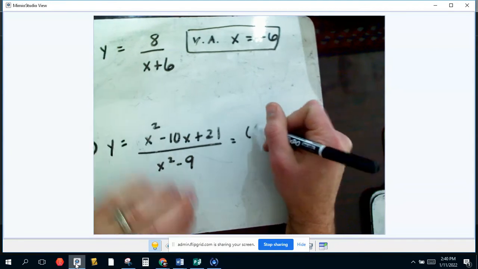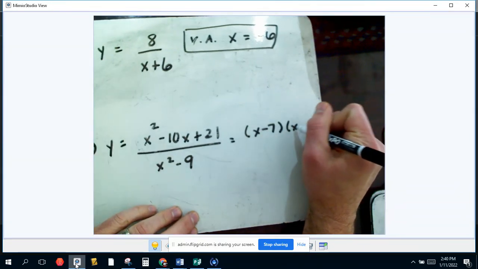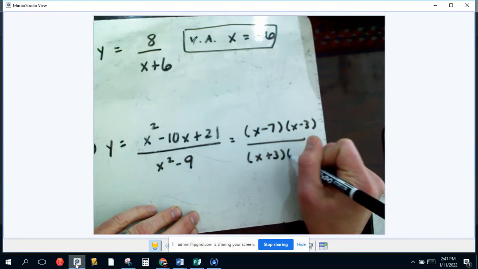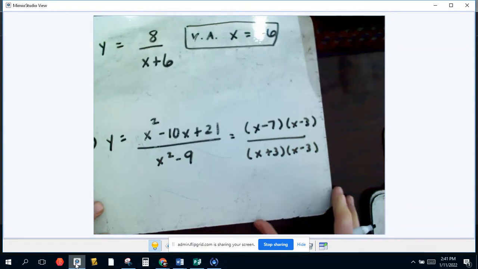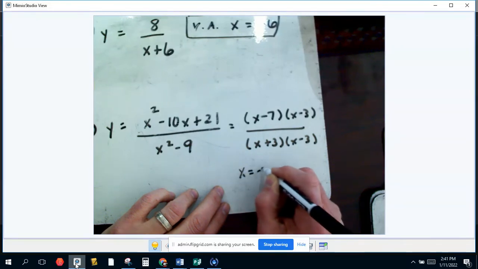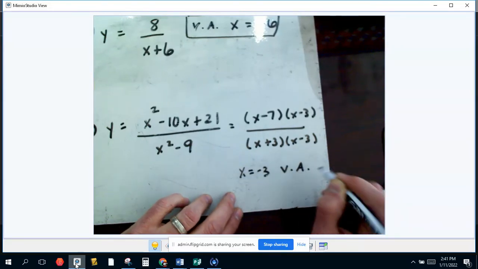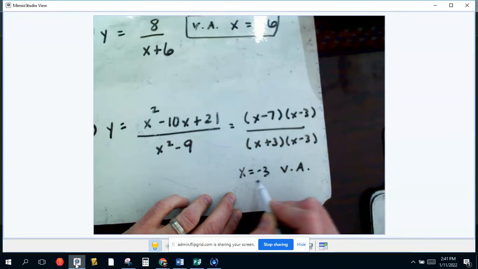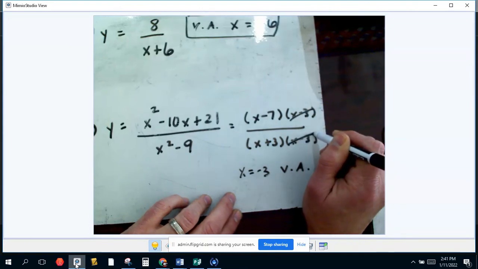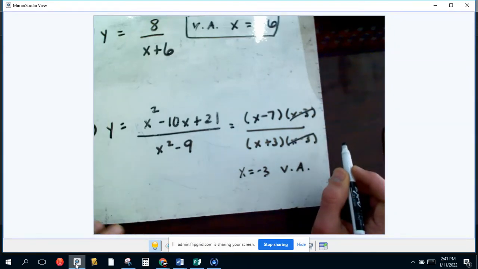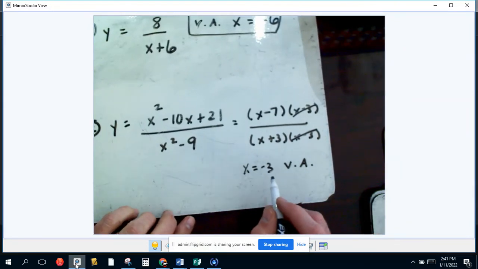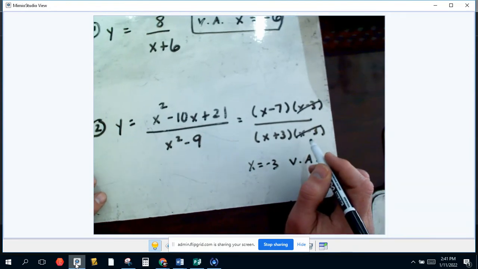A hole in the graph is a little different. This one doesn't have a hole in the graph. The hole in the graph occurs when we have a canceled factor. So if you'll notice here, x equals -3 will be a vertical asymptote. Okay, that one is a vertical asymptote. The x minus 3, though, is a canceled factor. So x equals 3 would be what you would call an excluded value, but it's not a vertical asymptote.